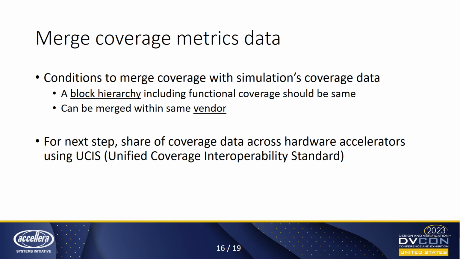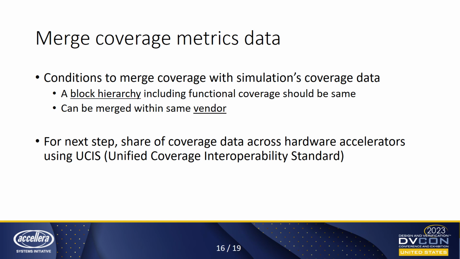As I mentioned in the previous slide, the coverage matrix data from emulator and simulation can be merged. Before merging it, there are some things to check. Two things should be the same. First, the functional coverage block hierarchy, and second, the vendors.